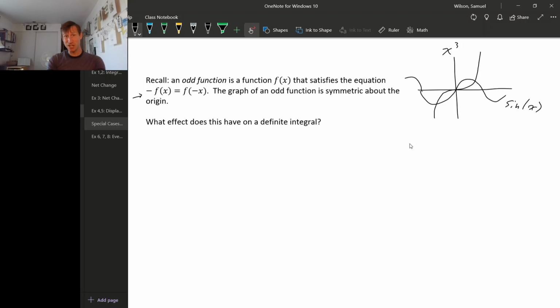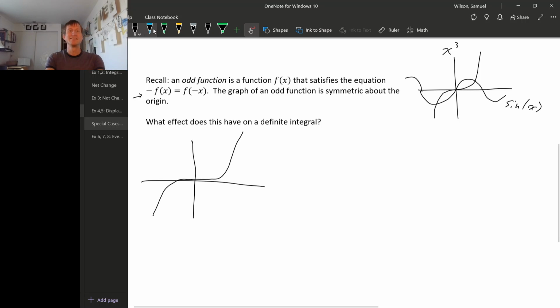Just like we did for even functions, let's think about what sort of effect this would have on a definite integral. So here's an odd function. Let me draw that a little more carefully. Okay, still not great, but we'll go with it. Let's look at this graph and think about what regions a definite integral would measure.